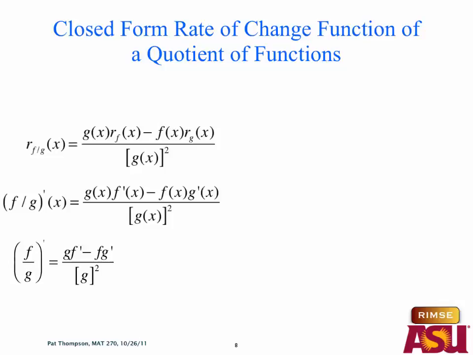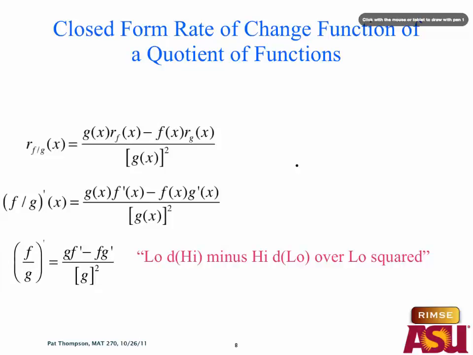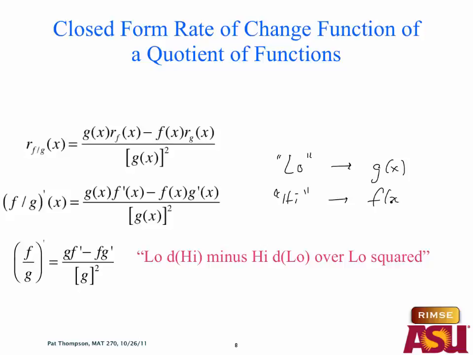Okay, so there's a little song you can sing to help you here, like the 7 dwarfs. Low d high minus high d low over low squared. Low means the function in the denominator, so low in this case is g of x. And high means the numerator's function, so high is referring to f of x.